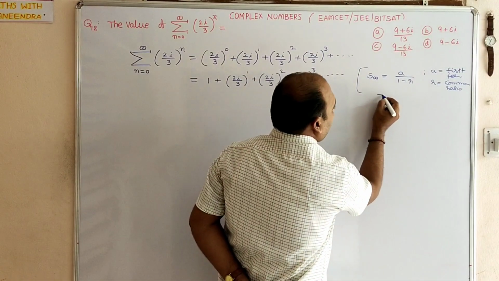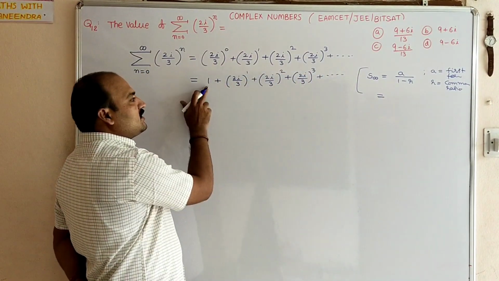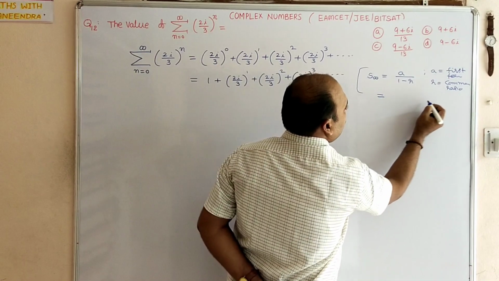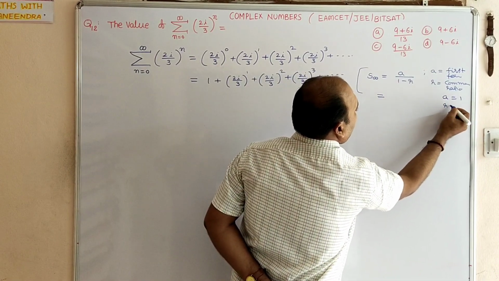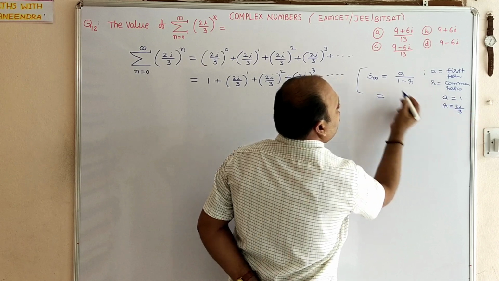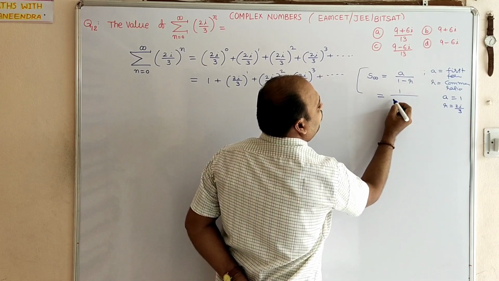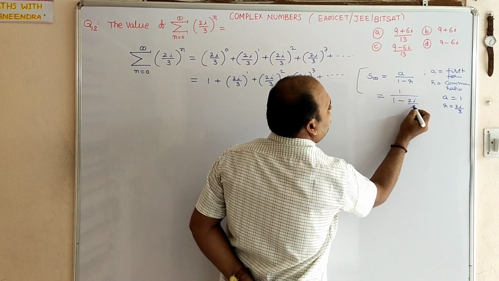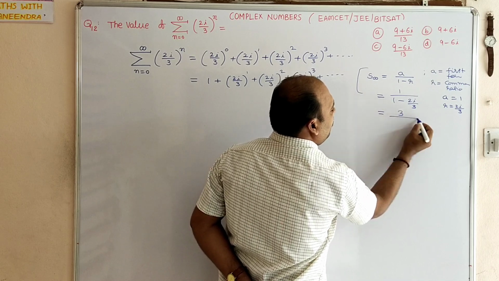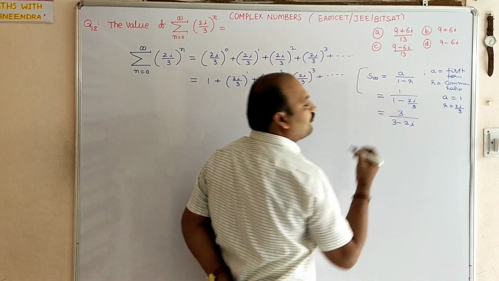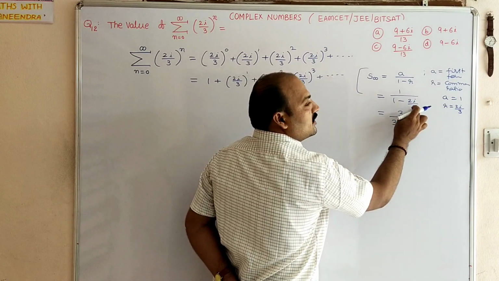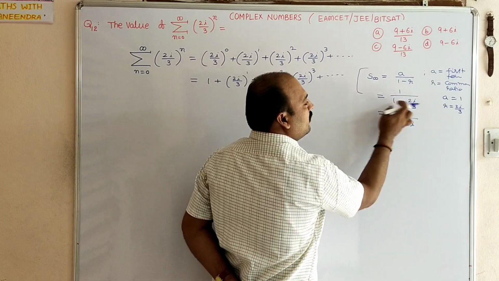According to the series, a is the first term, a value is 1, and common ratio is 2i by 3. So substitute: 1 by 1 minus 2i by 3. Taking LCM, 3 is the denominator and the numerator is 3 minus 2i.